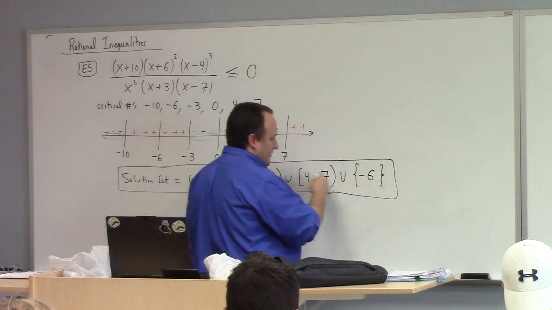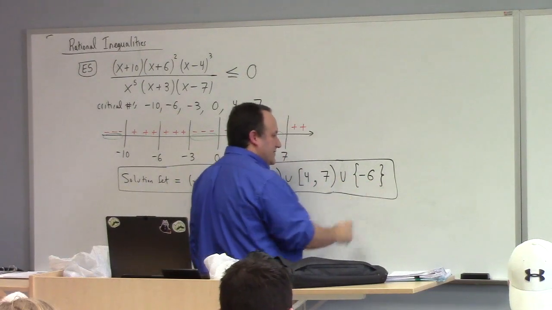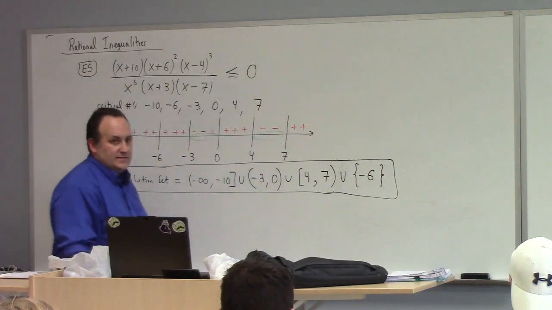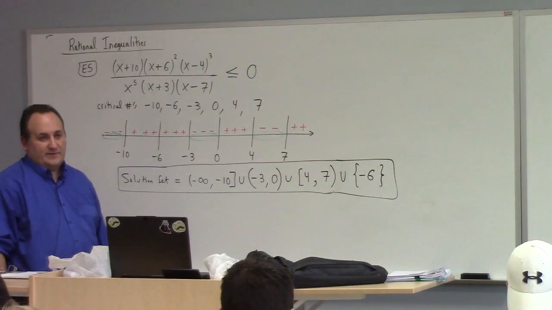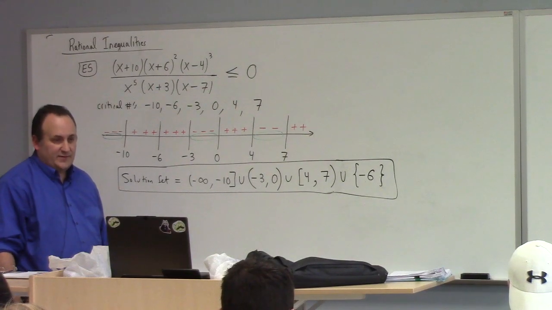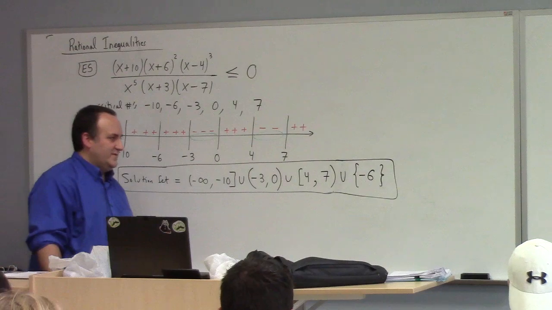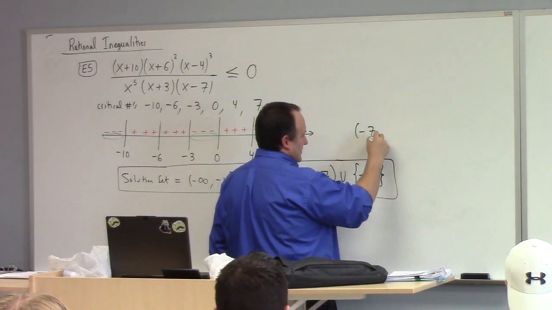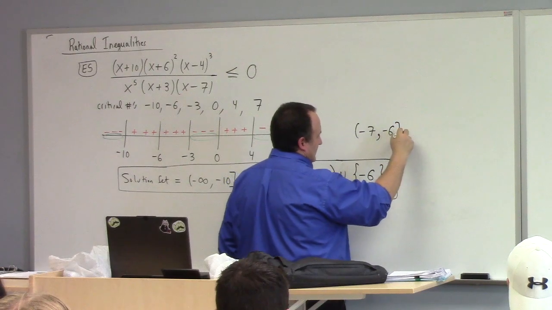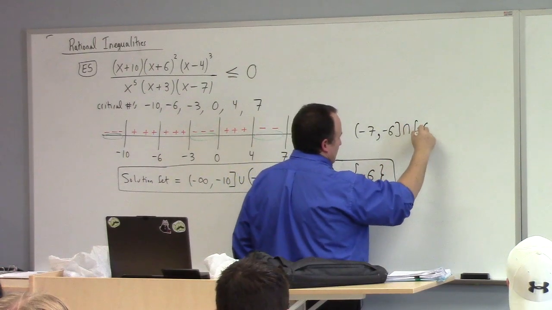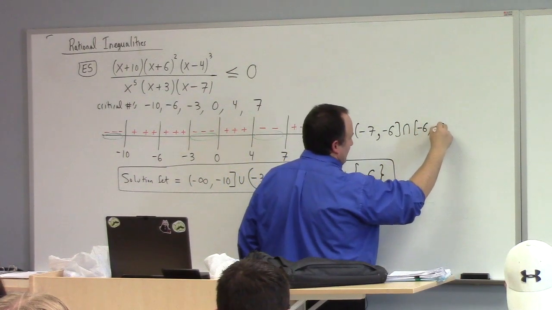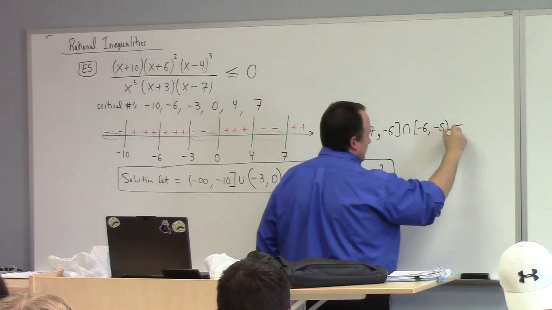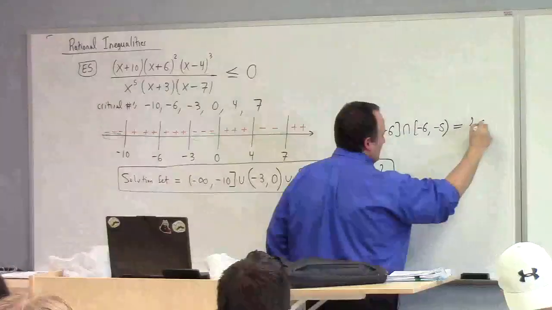So this is the thing with interval notation. If you did want me to write it with intervals, you could do something a bit silly like this: the interval from -7 to -6 intersect the interval from -6 to -5. That would be equal to the set just containing -6.